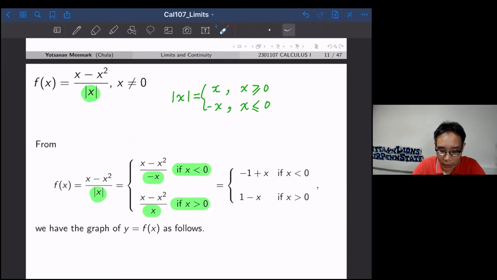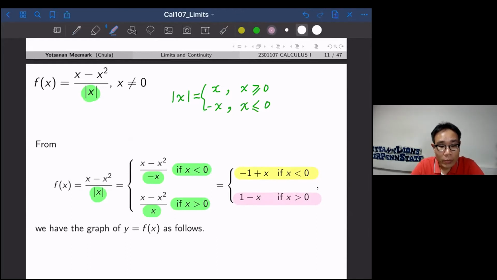So when x is negative, you get -1, and when x is positive, you get 1. This is just the basic calculation.